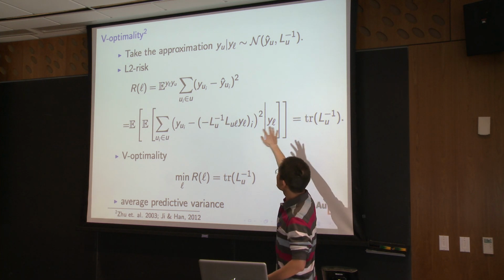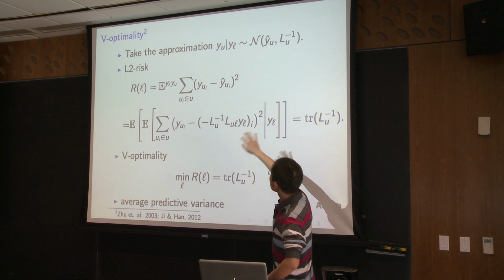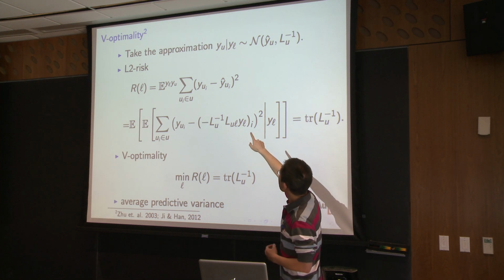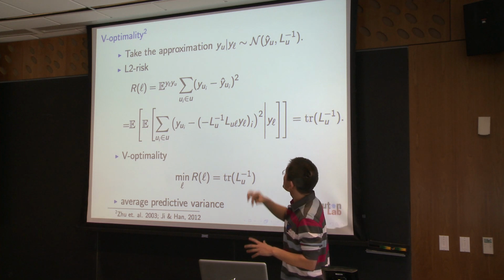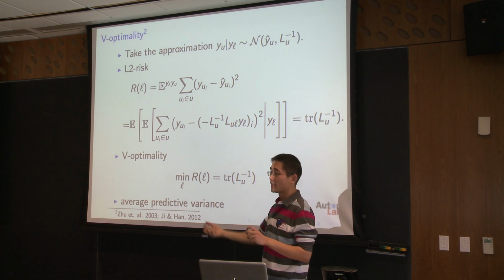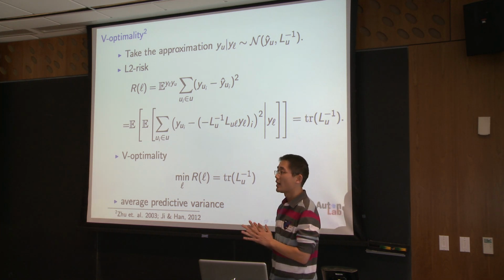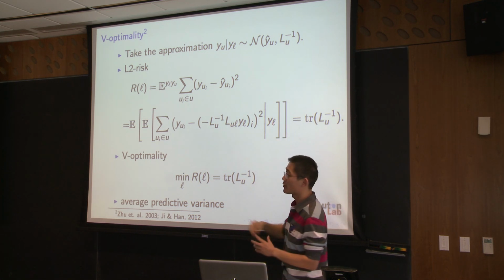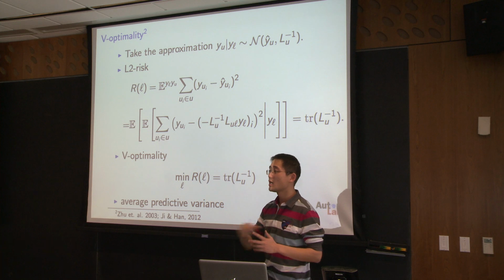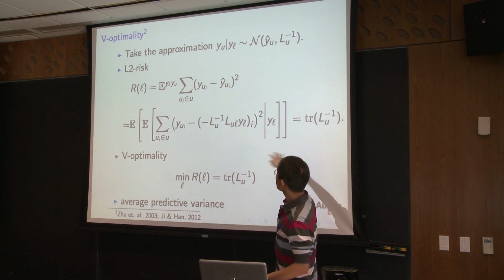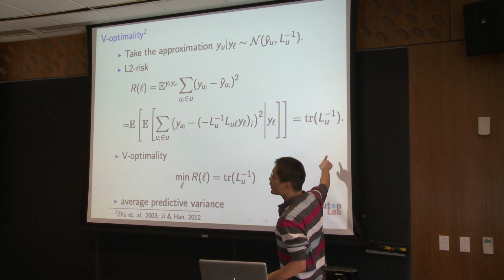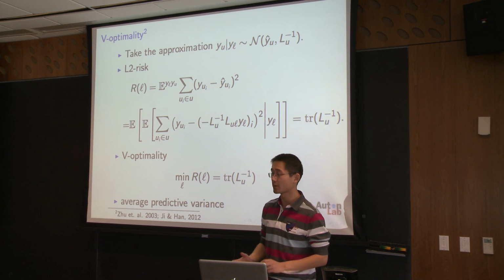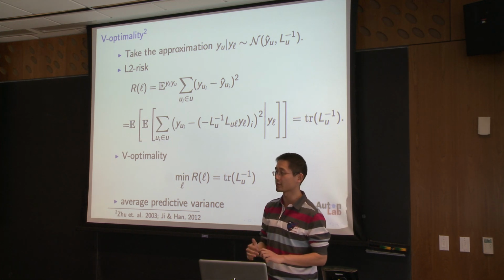The L2 risk is the average L2 loss of the unlabeled nodes between the true label and the posterior mean. And if we take the approximation to say the true label is really just a distribution, then this L2 risk will again give us back the trace of the posterior covariance matrix.